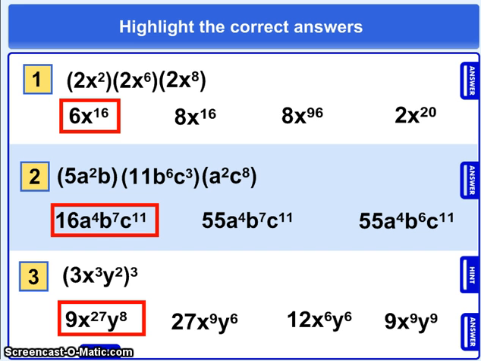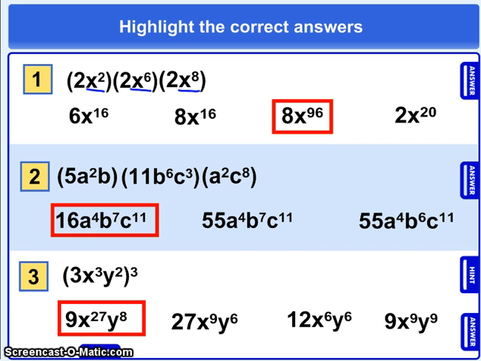So I know immediately I'm either going to be concentrating on my second or my third option, because those give me 8 as the coefficient. So once we've decided that, now we're going to focus on the x's. I have an x squared, I have an x to the 6th, and I have an x to the 8th.